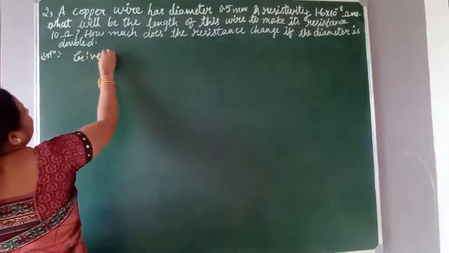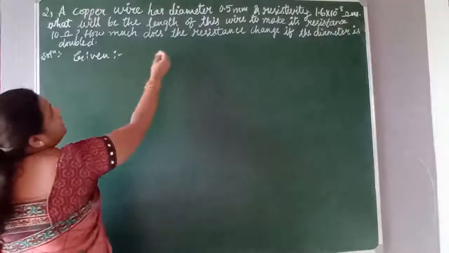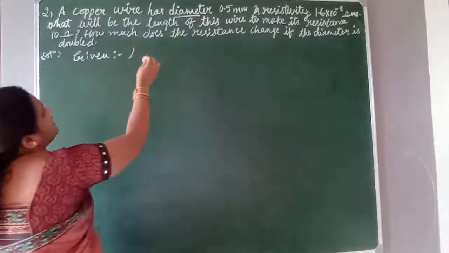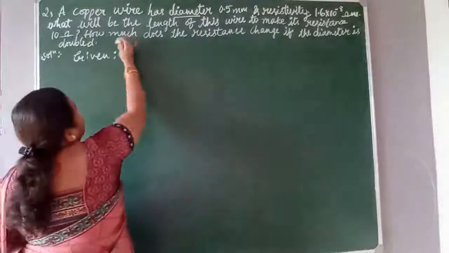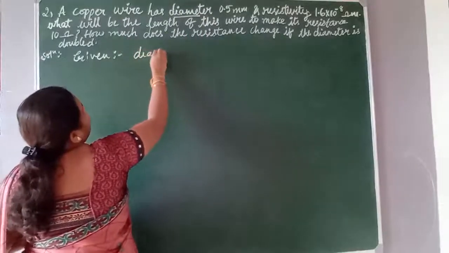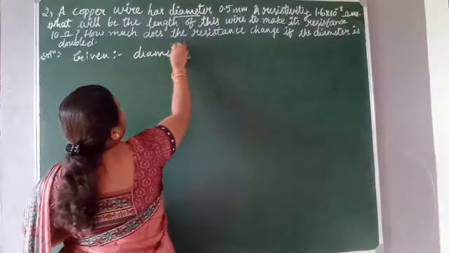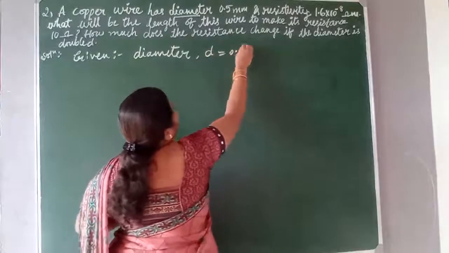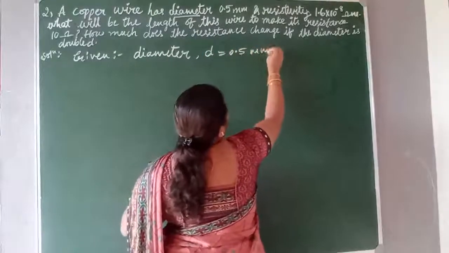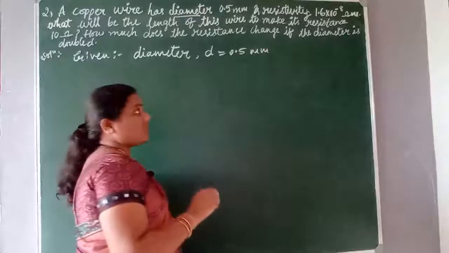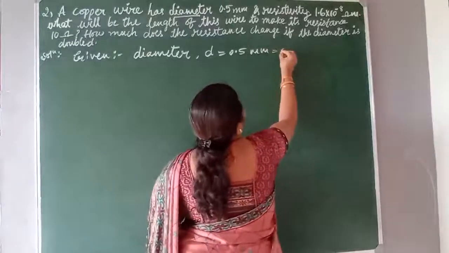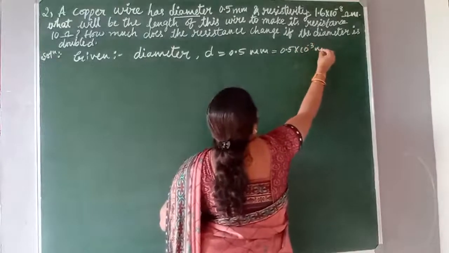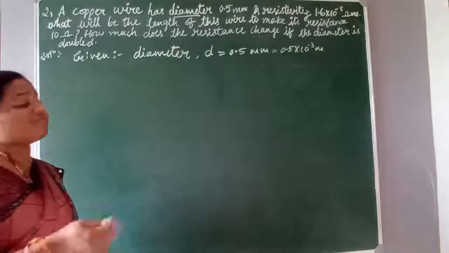Diameter, that is the thickness, isn't it, children? 0.5 mm. See, children, millimeter, as I already said, is nothing but 10 to the power of minus 3 meter, isn't it? Milli means 10 to the power of minus 3.